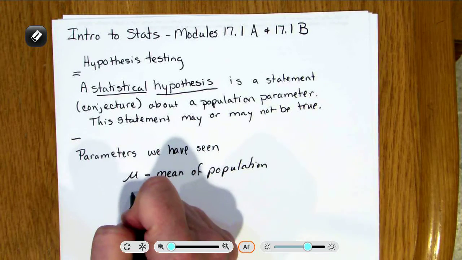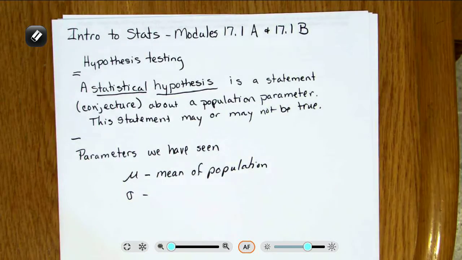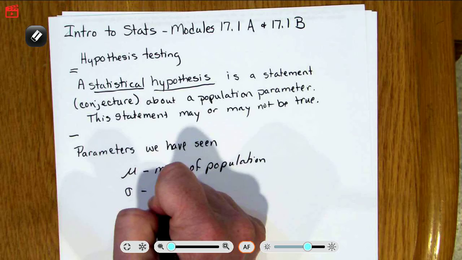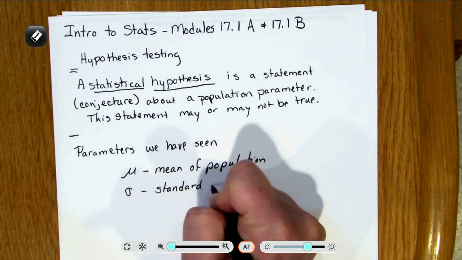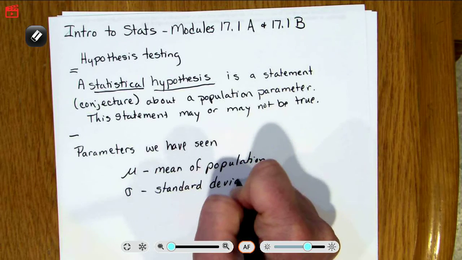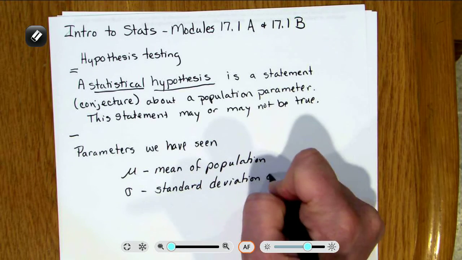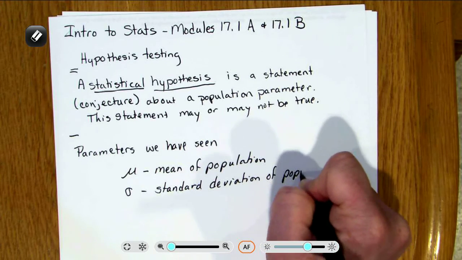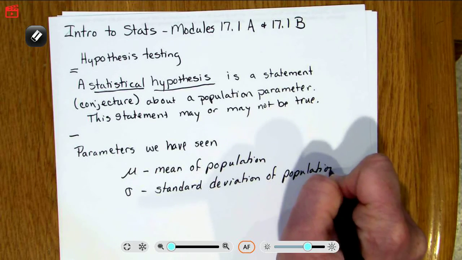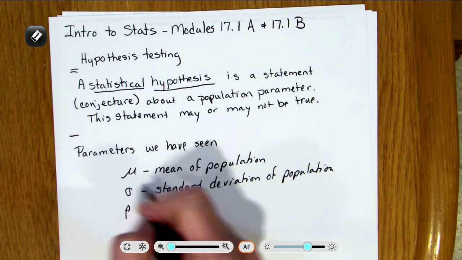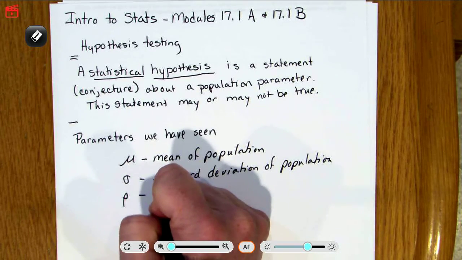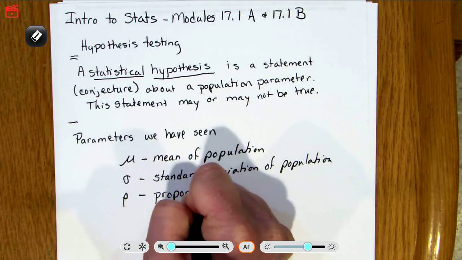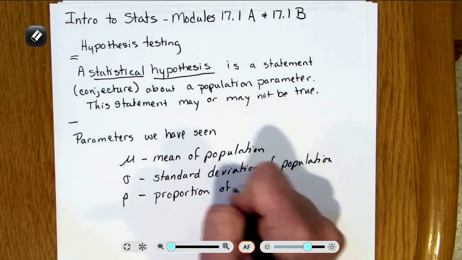We have seen this guy, which has shown up before, and that is the standard deviation of a population. And we have seen in the last section this P, which was our proportion of a population.